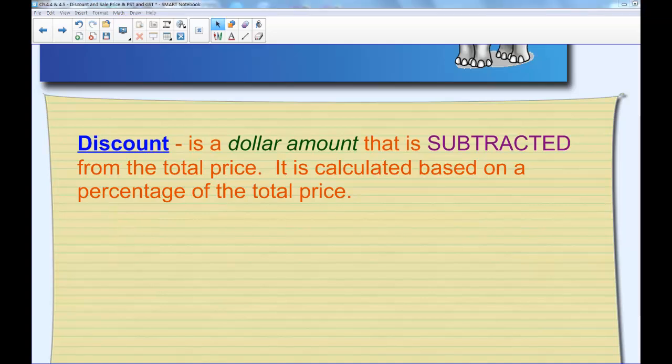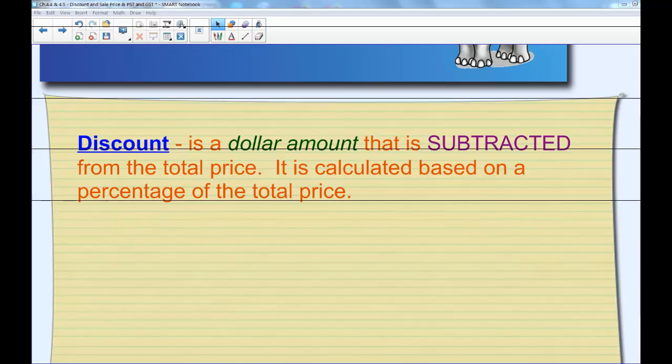But for the purposes of this chapter, we will be mainly looking at a percentage discount that is calculated based on a percentage of the total price of an item to help us receive a dollar amount that is discounted from the total price of an item.